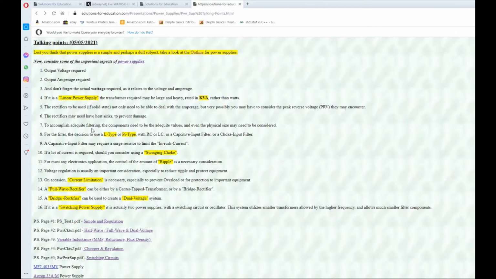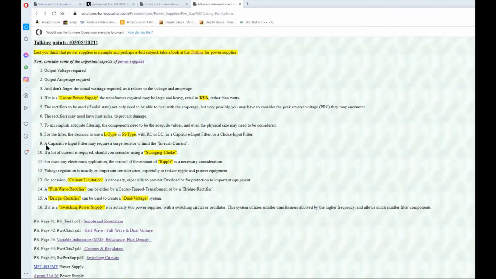To accomplish adequate filtering, well, we've got to have different components in there. We've got L-type filters, Pi-type filters, provided they're RC. Maybe if they're RC instead of LC, they could still be L-type or Pi-type. And with capacitive input or choke input, we need to discuss what the difference is and why it's important to know on capacitive input power supply filters versus choke input power supply filters.